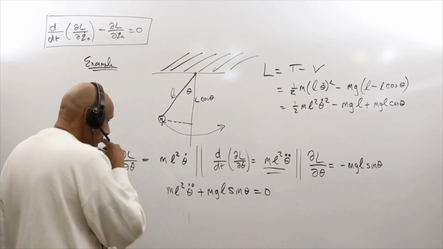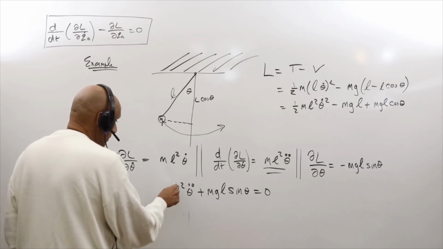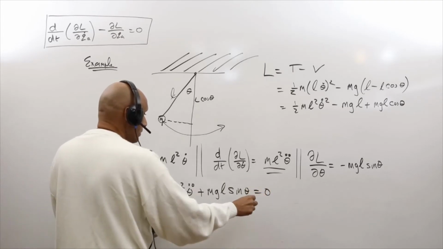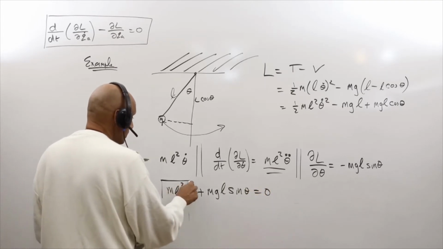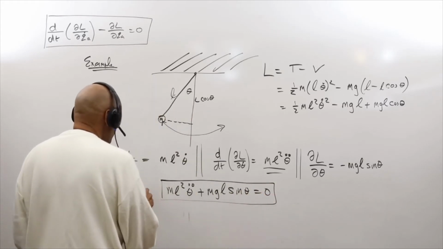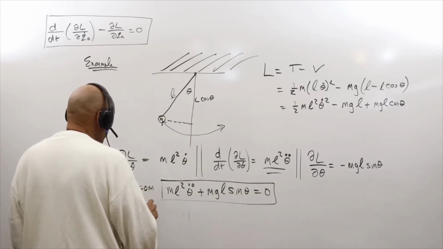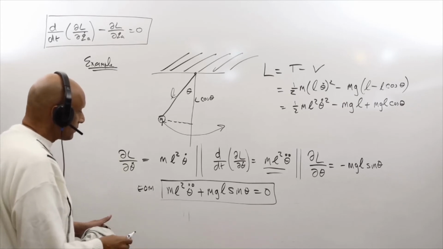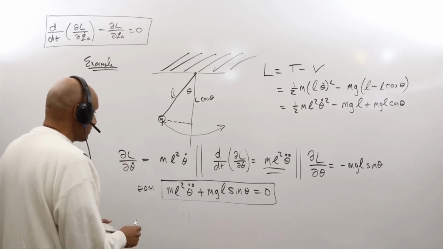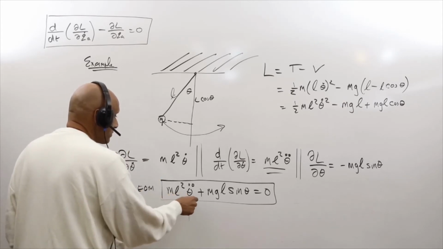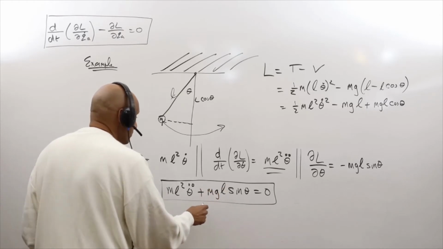Now you might notice that we can divide by m. So this is the equations of motion, but we can probably reduce this. So here is the equations of motion. Let's divide by m l squared so the m's cancel and we get the following.